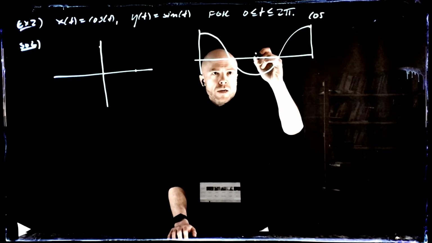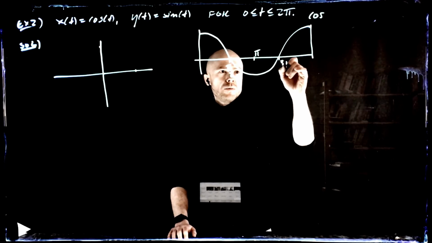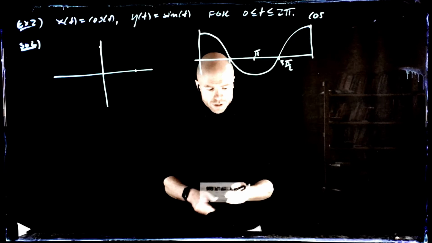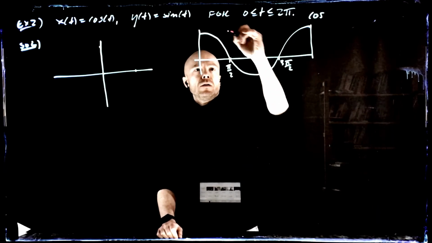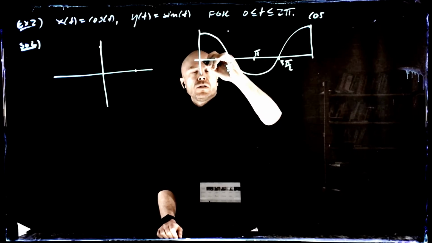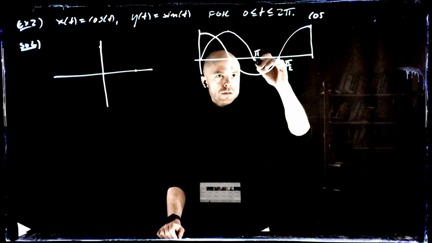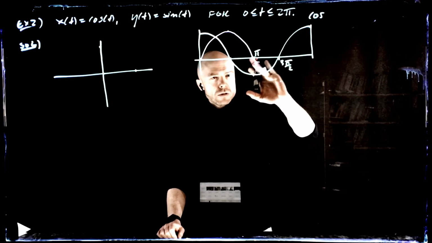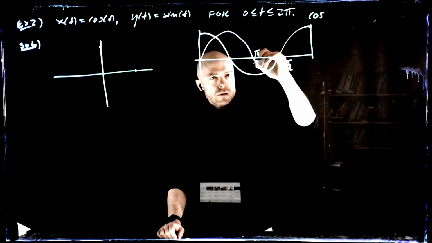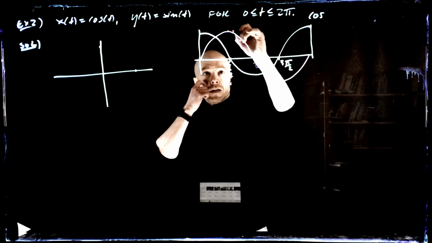Yeah, so this is pi over 2, 3 pi over 2. I'm going to overlay sine on top of it. So this is sine. These elementary graphs you've got to be familiar with at this point. This is sine right here.